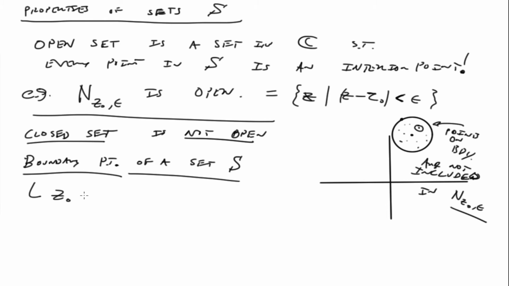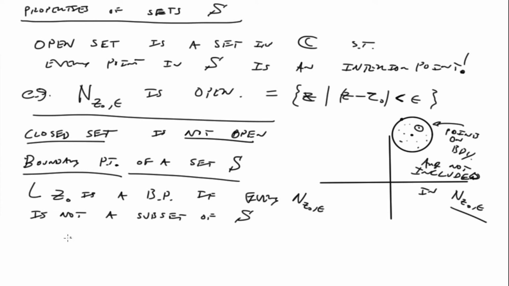And that is, Z naught is a boundary point if every neighborhood, and that means any epsilon value, is not a subset of S. i.e., that is, I can write neighborhood Z naught comma epsilon is not a subset of S. And that's certainly clear.